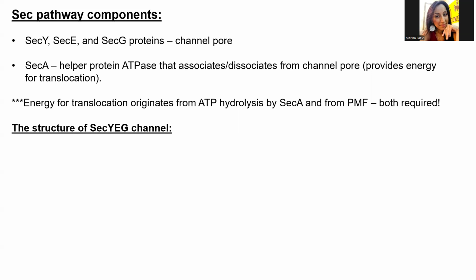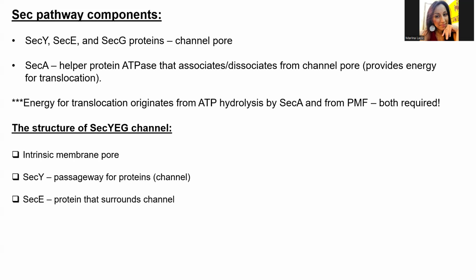I put channel in brackets because that's how it looks, but I wouldn't like you to associate that with a simple mechanosensitive channel that we talked about, because it does involve some energy. So the Y component will be the passage for proteins. The one that surrounds it is going to be the E component. Think about it like coating the pore.